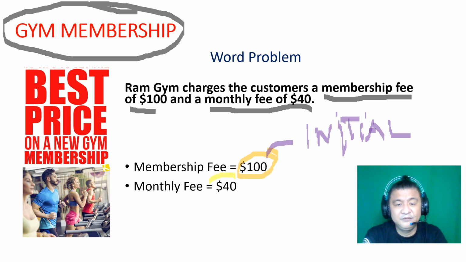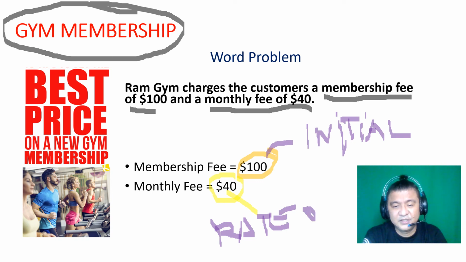Next, and every month you'll have to pay the $40. This $40 is now called the rate of change. Okay, because every month it's always $40. It's not 30, it's not 50, it's 40.